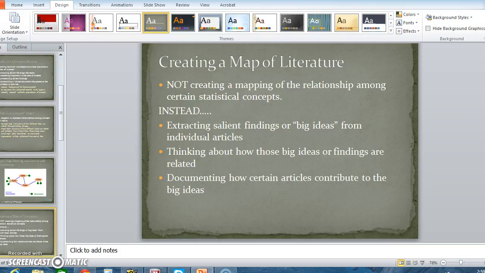Like I said, you might be looking at very large concepts, about generally what breast cancer is and how it works in the body and why it is therefore so concerning for treatment, or what genetic testing is and how it has been used and is being used to test for breast cancer that is genetically created, or what the healthcare industry's role is in providing genetic testing support for those who may have a hereditary background of breast cancer. Also, you need to think about how those big ideas or findings are related.